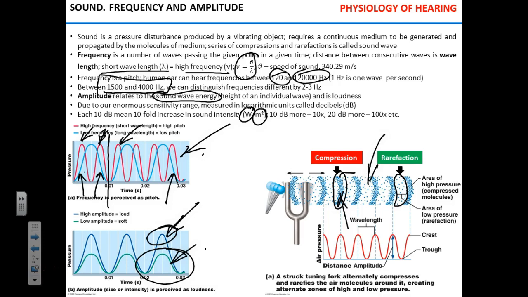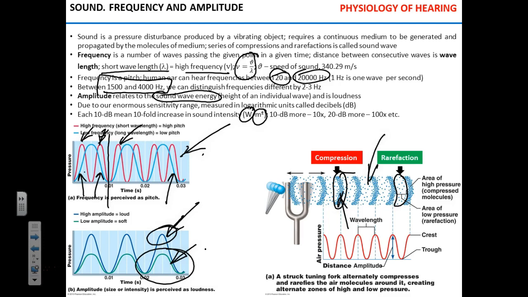Each 10 decibel corresponds to an increase in amplitude by tenfold. Let me explain it in normal words. We go 10 decibel more, the sound becomes 10 times louder.